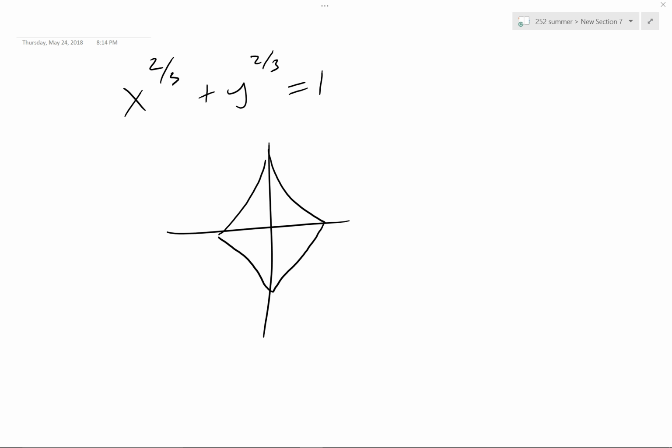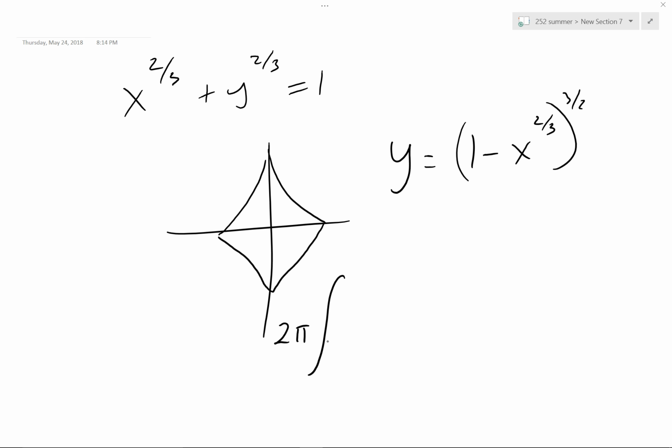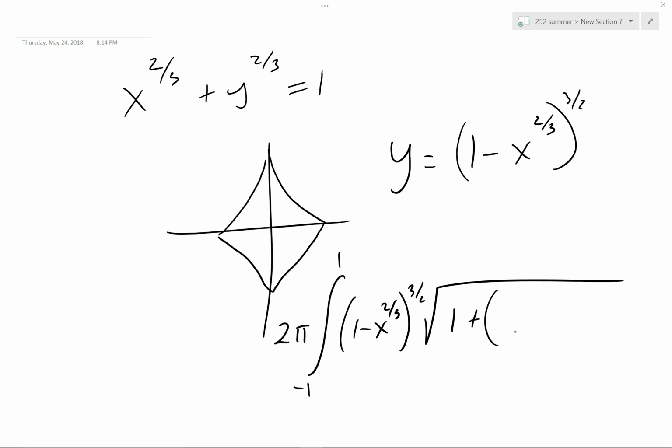So let's write this down. I get y equals (1 minus x to the 2/3) to the 3/2. That's my function of x. Then my arc length, my surface area rather, I keep saying arc length, is going to be going from -1 to 1, and it's going to be that function times the square root of 1 plus the derivative of this mess.